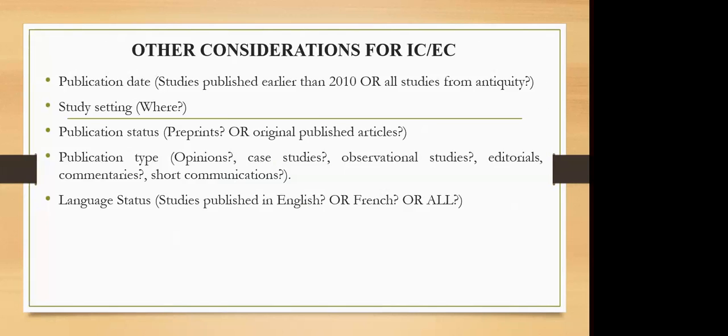For example, for a systematic review trying to understand the effectiveness of exercise for managing cardiovascular disorder, we might state clearly that we're not interested in opinion articles, case studies, observational studies, editorials, or commentaries, because sometimes we can decide to publish commentaries.